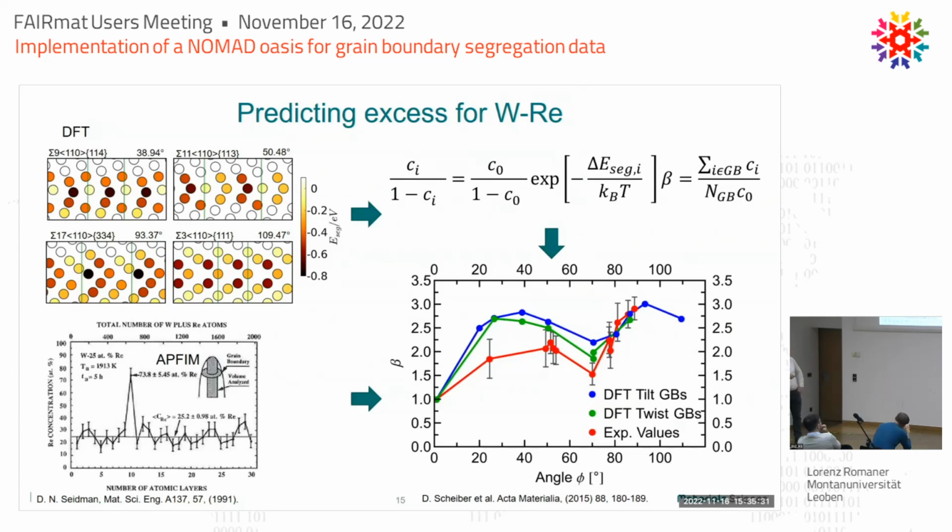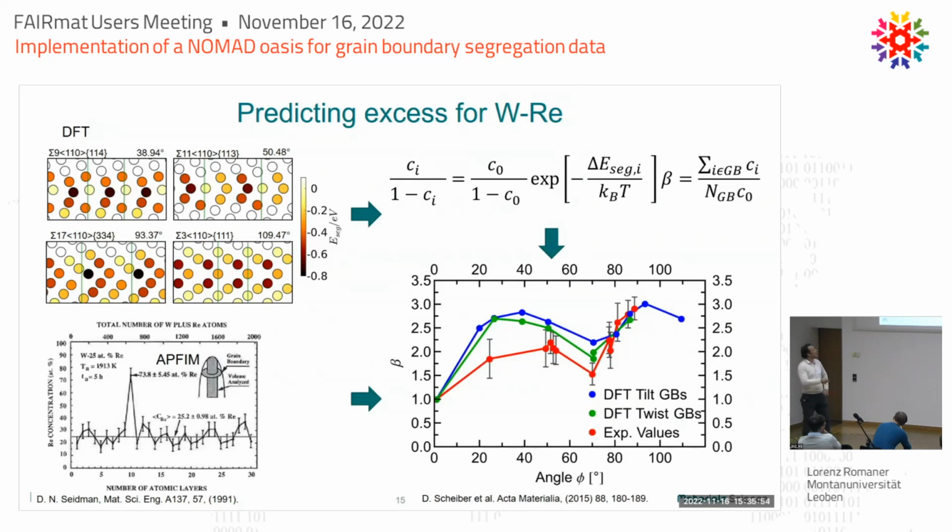Here, every point is a different grain boundary. And we have done the calculations with DFT, and we see we get reasonable agreement, not perfect, but I think very good agreement. So also in terms of the excess, I think we can do quite well for this simple system. It's just a binary alloy, rhenium and tungsten, that's it.